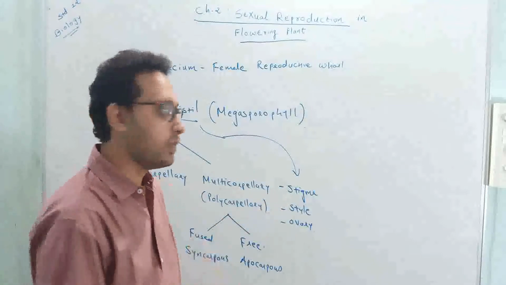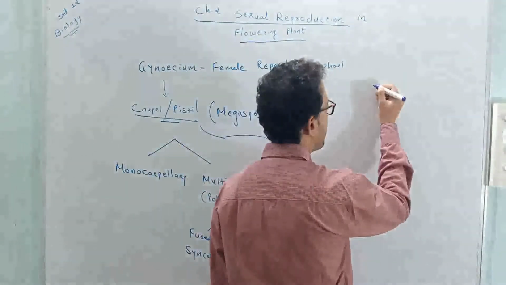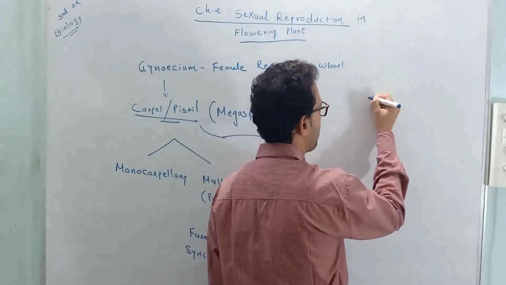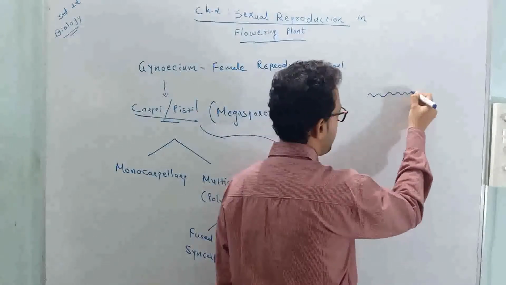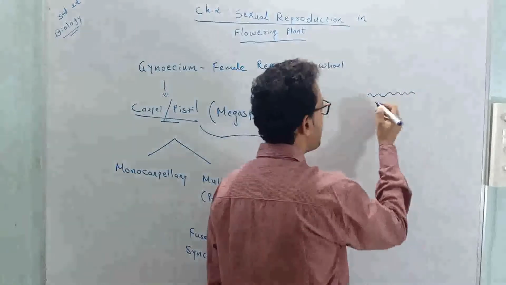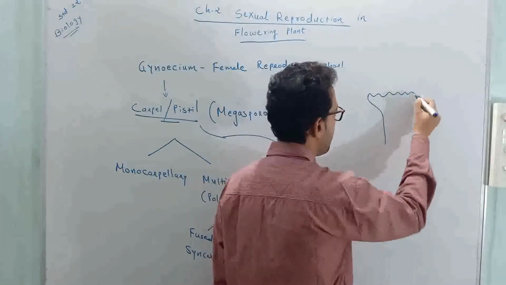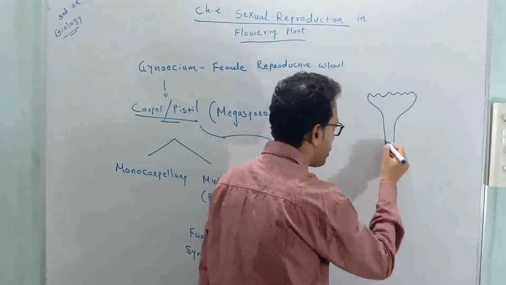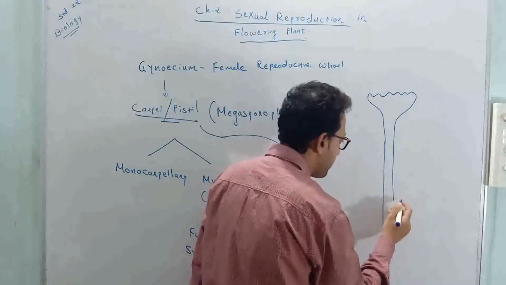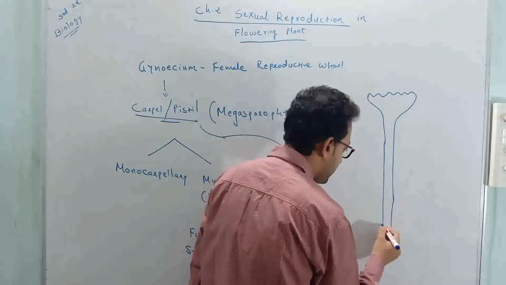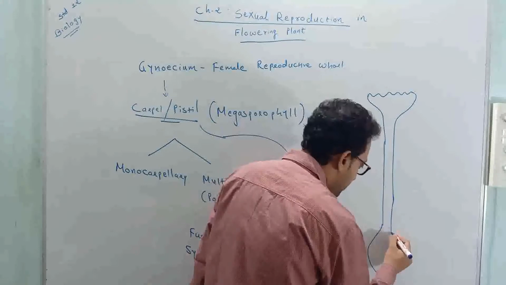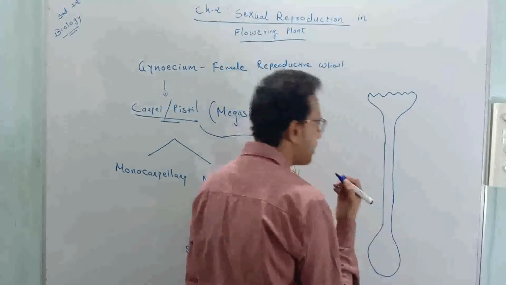So let's start with the structure, I will draw a structure of a carpel or pistil. The first part is a stigma. The second part, which is tube-like, is called as style, and the last, a bulged portion, is called as ovary.